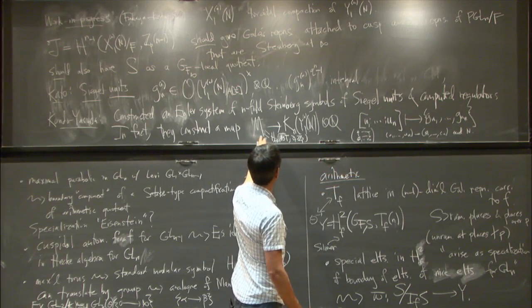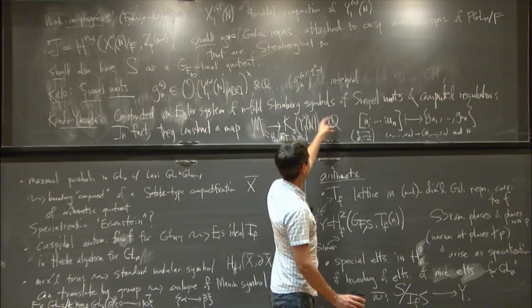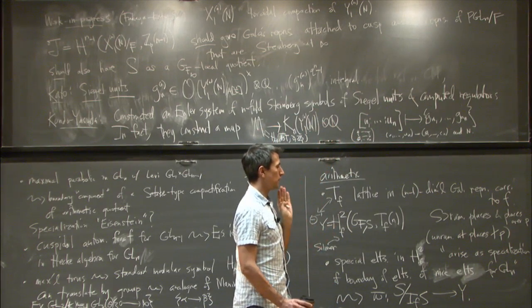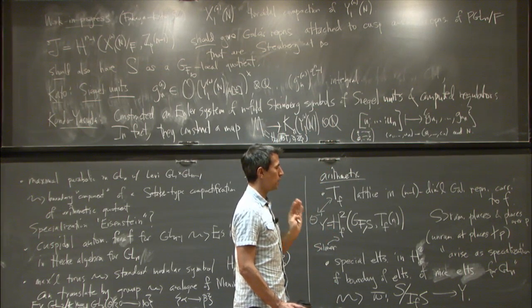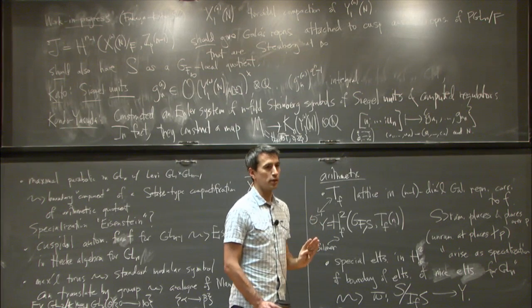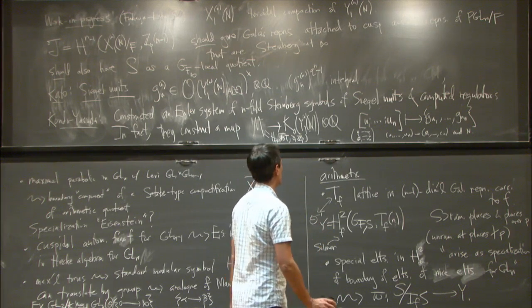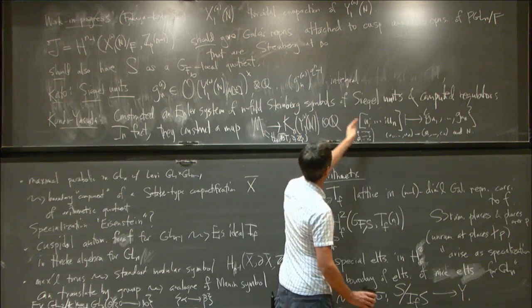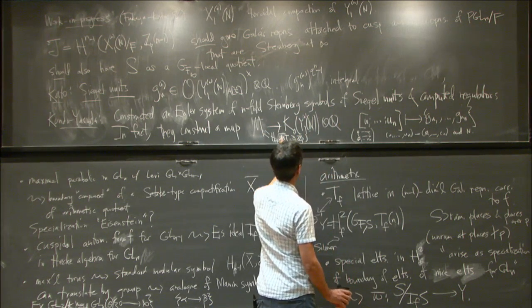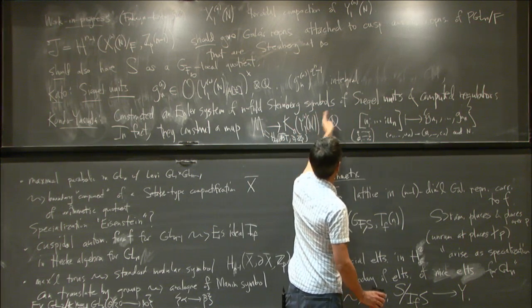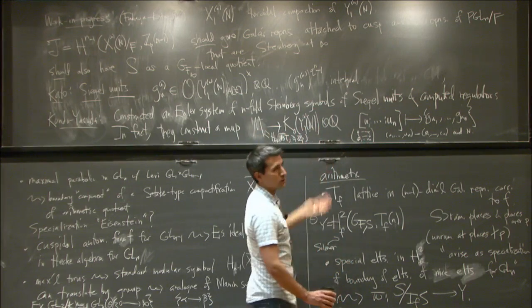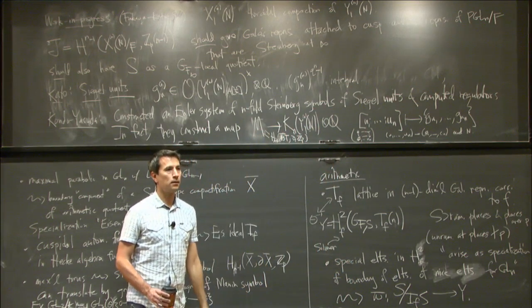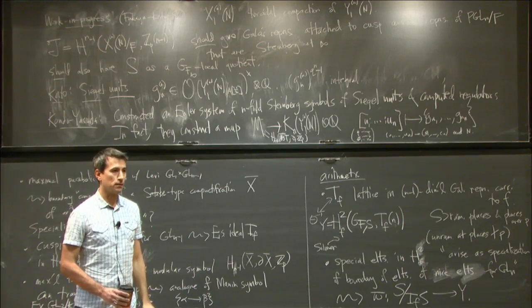And the map is given by multiplication by some value of an L-function with coefficients which are like Hecke operators. And the point is, because it's given by multiplication by something like this, and the regulator you can show to be injective, then you get that this is a well-defined map. I mean, that's the idea, I think.